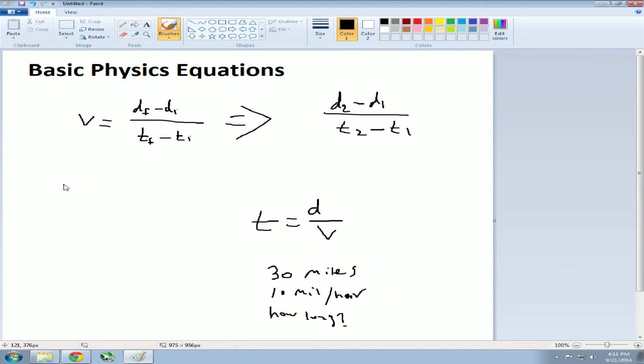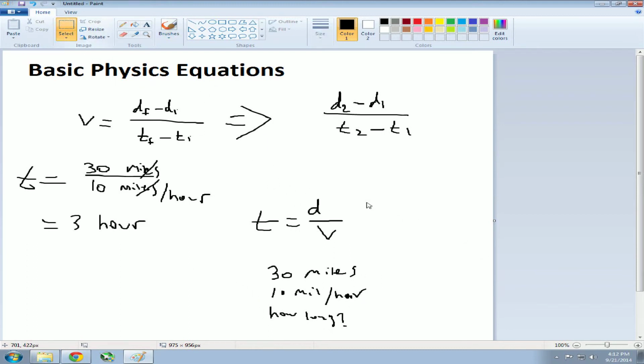So let's say that the time equals the distance, which is 30 miles, over the velocity, the speed, which is 10 miles per hour. Right? Miles cancel out, mile over mile, and all you're left with is hours. So 30 divided by 10 is 3. So in 3 hours, it moved 30 miles when it was going 10 miles per hour.